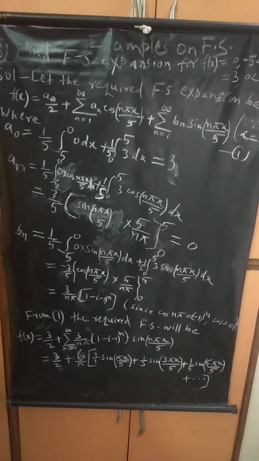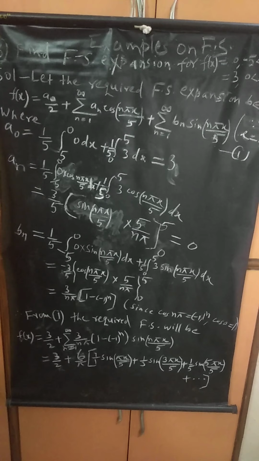Therefore we assume the required Fourier series expansion to be f(x) = a0/2 + summation n from 1 to infinity of an cos(n pi x/5) + summation n from 1 to infinity of bn sin(n pi x/5). Call this number 1, because this is the answer.